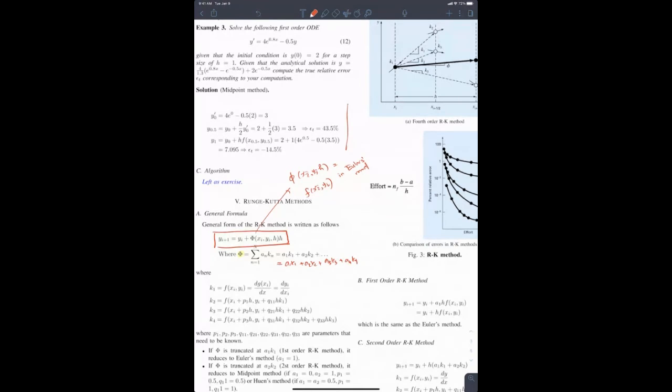If we just use a1 k1, that is the first order Runge-Kutta method. If you use a1 k1 plus a2 k2, second order Runge-Kutta method. If you use up to a3 k3, that's third order. If you use all four terms, up to a4 k4, that is the fourth order Runge-Kutta method.